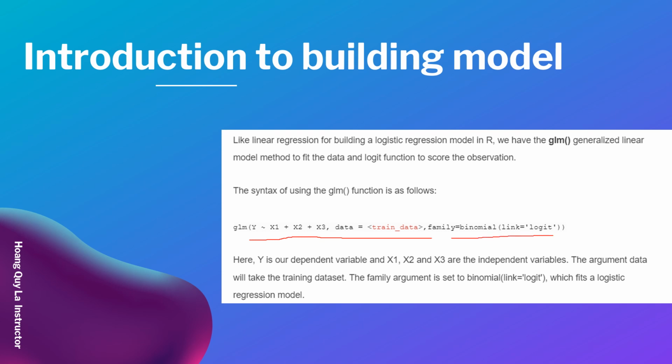Here y is our dependent variable and x1, x2, x3 are the independent variables. The data argument will take the training dataset, and the family argument is set to binomial with link equal to logit, which fits a logistic regression model.